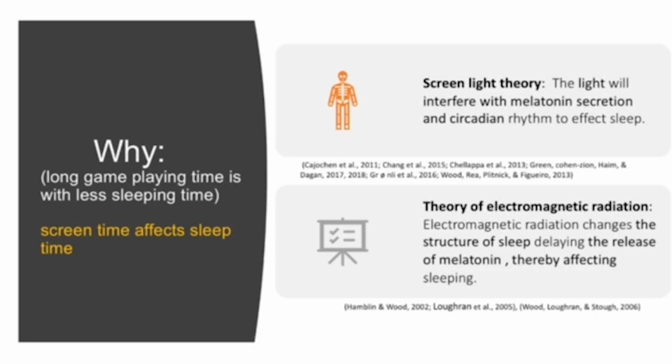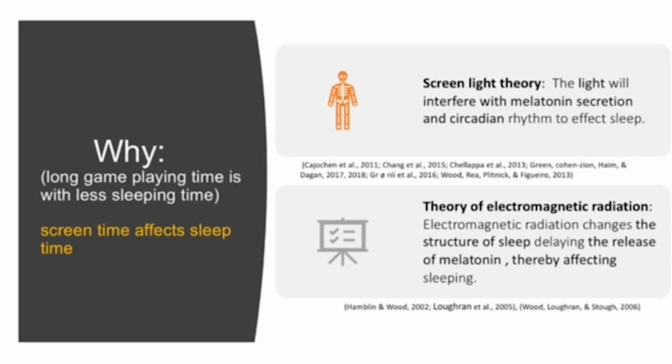Secondly, the theory of electromagnetic radiation believes that the electromagnetic radiation emitted by electronic devices changes the structure of sleeping, delaying the release of melatonin, thereby affecting sleep quality.